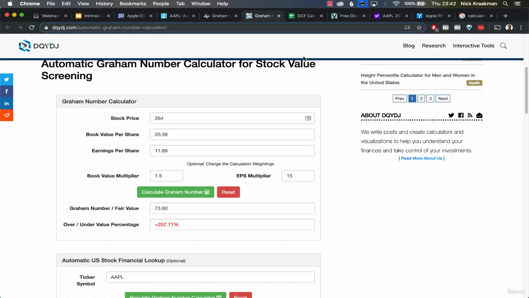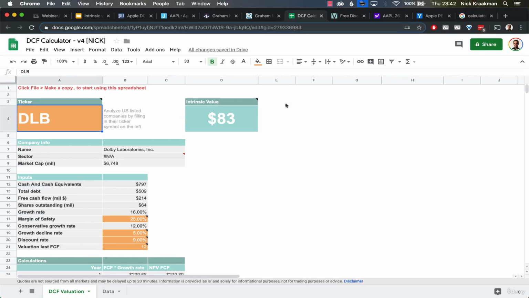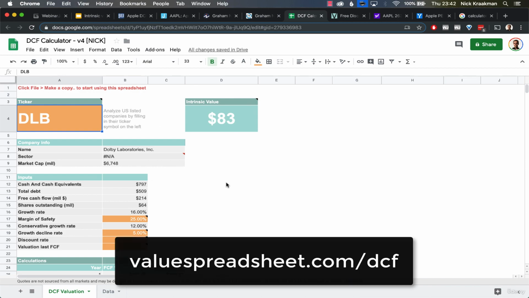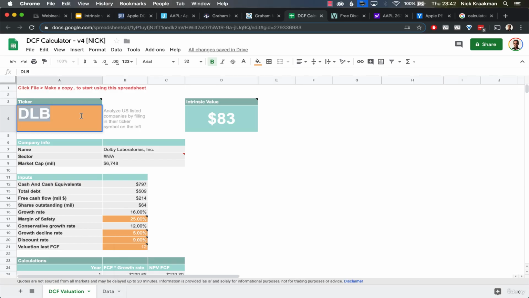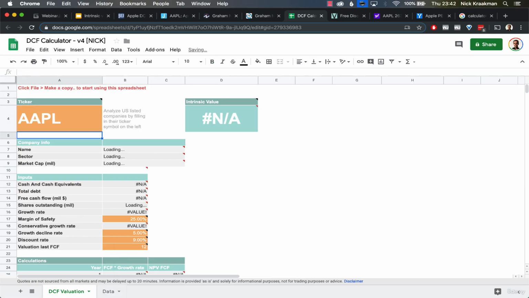Then finally, what I would like to show you is another free tool, and that's actually one that I created. It's a discounted cash flow model again, but this time in spreadsheet form. So let's fill in Apple here, see what happens. As you can see, it's very simple.